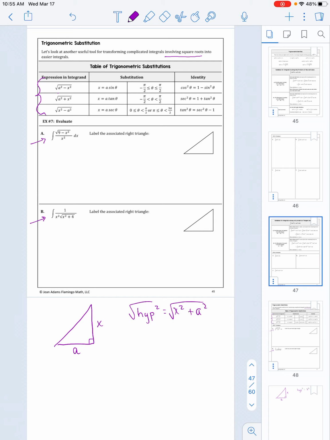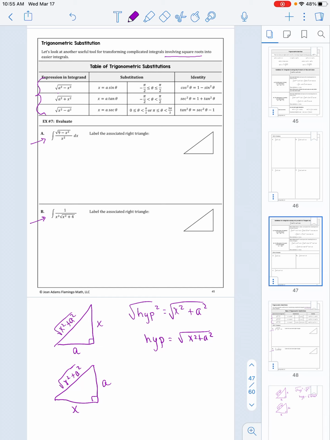And if we took the square root of both sides, our hypotenuse then is the square root of x squared plus a squared. It doesn't really matter if the x is here and the a is here. This also works if the a was here and the x is here.